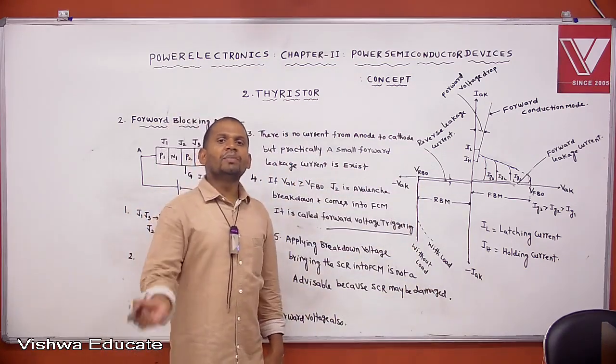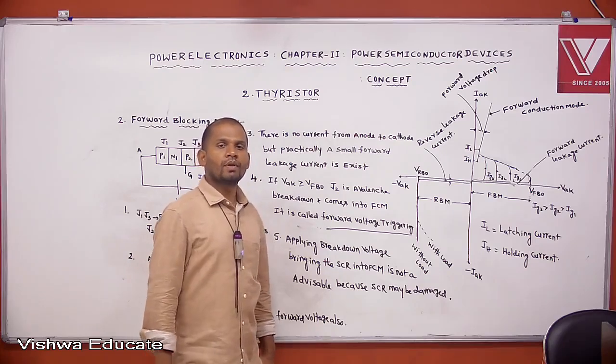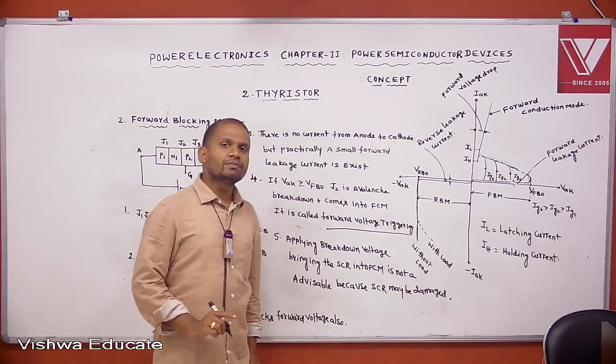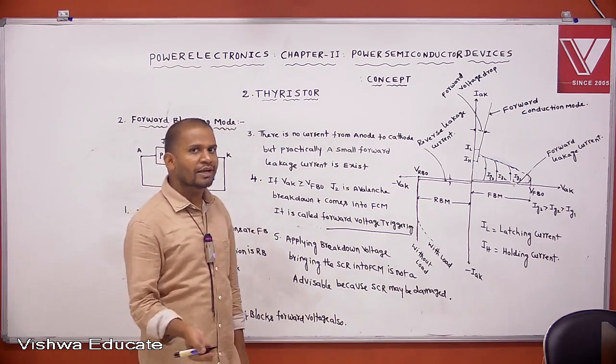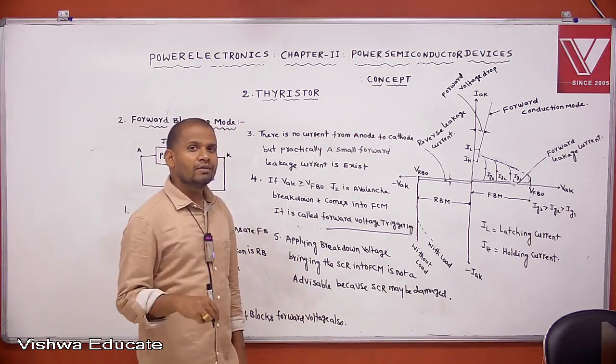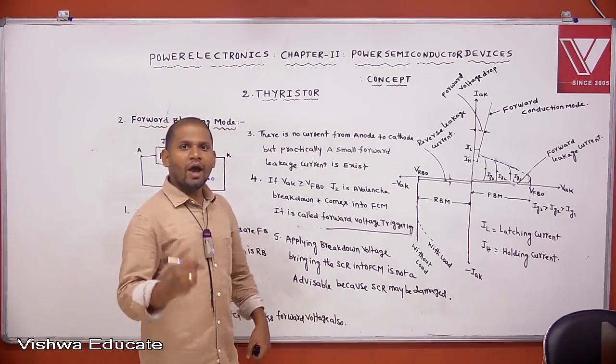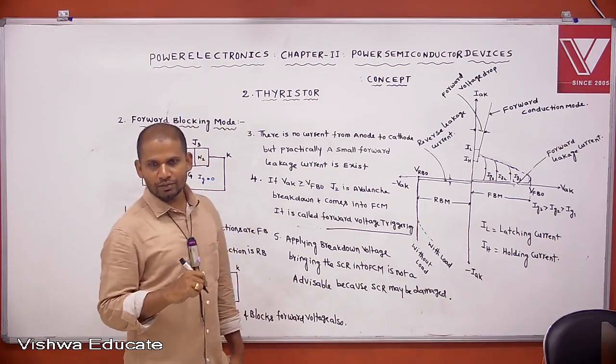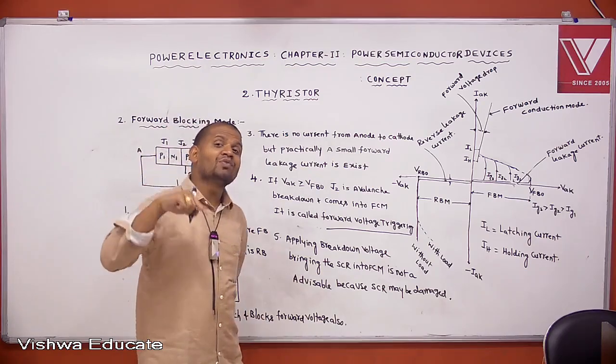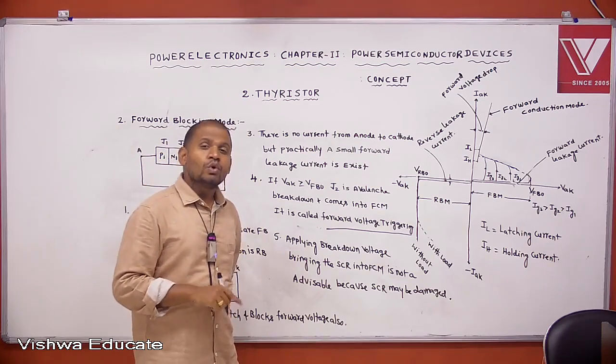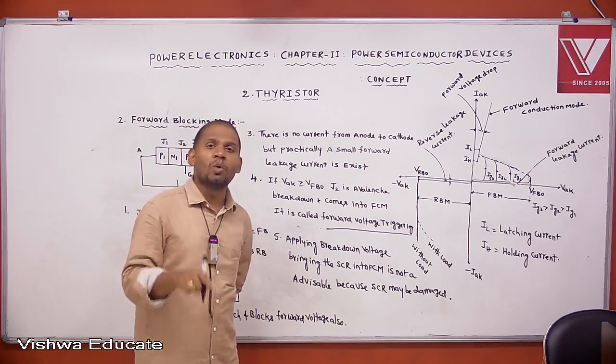Now, how can you bring the SCR into conduction mode? If you apply breakdown voltage, the SCR comes into conduction mode, but what I am telling here is that it is not an advisable process. Then how can you bring the SCR into conduction mode? Without applying high forward voltages, a gate supply is connected to bring the SCR into conduction mode.